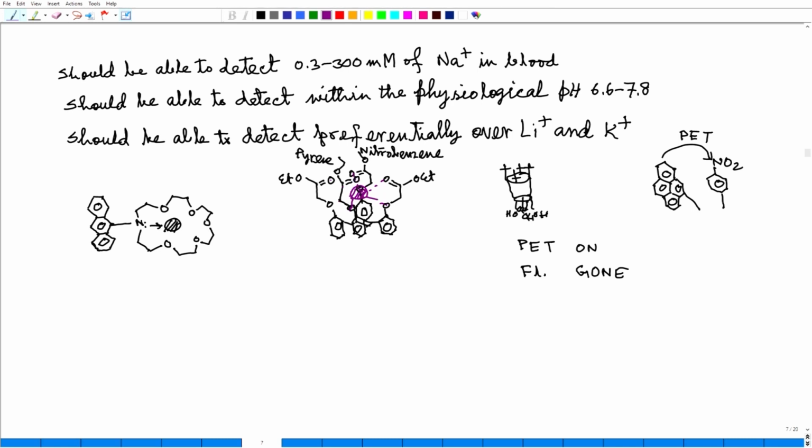Because they bind to sodium, these oxygens will move away, because when you have a bond between two atoms or an atom and an ion, there must be a definite bond length. That means, if the sodium ion is here, oxygen has to be there. So when I put sodium, these oxygens will move apart. You understand?